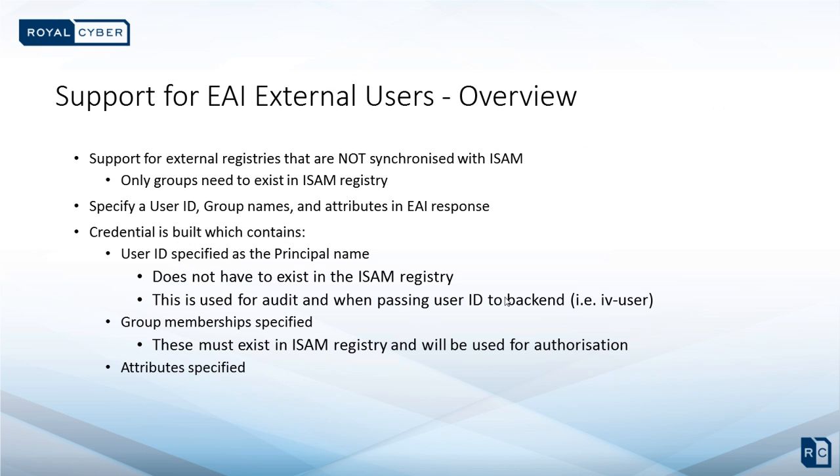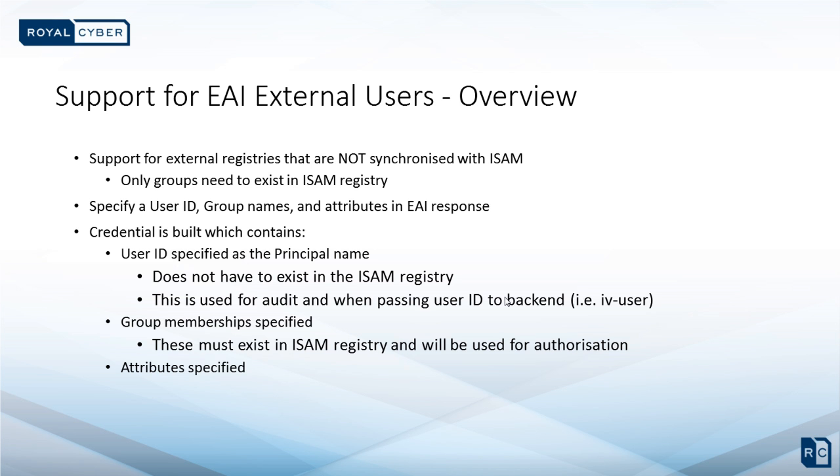Another feature is the support for EAI external users. Security Access Manager basically provides an external authentication interface that enables you to extend the authentication process for WebSEAL. The external authentication interface allows an independent remote service to handle the authentication process for WebSEAL. So the identity information returned by the external authentication interface service is used to generate user credentials.